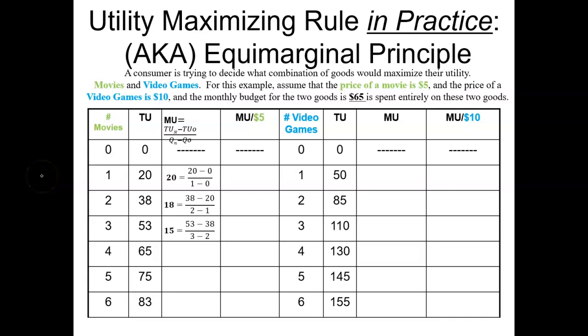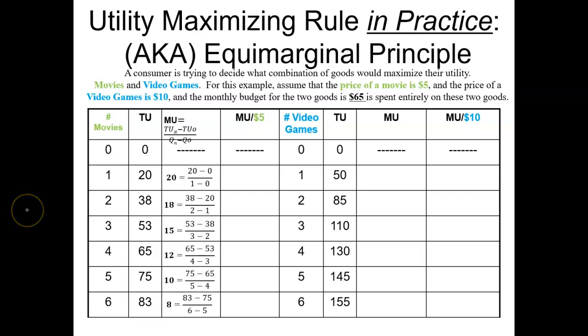And we have 15: 53 minus 38, so the change in total utility divided by the change in quantity. And again, we're going to keep going. So we've got 12, 10, and 8. If you're not sure what those numbers are, please look back at the start of the video, and we can talk more about that at a later time also.